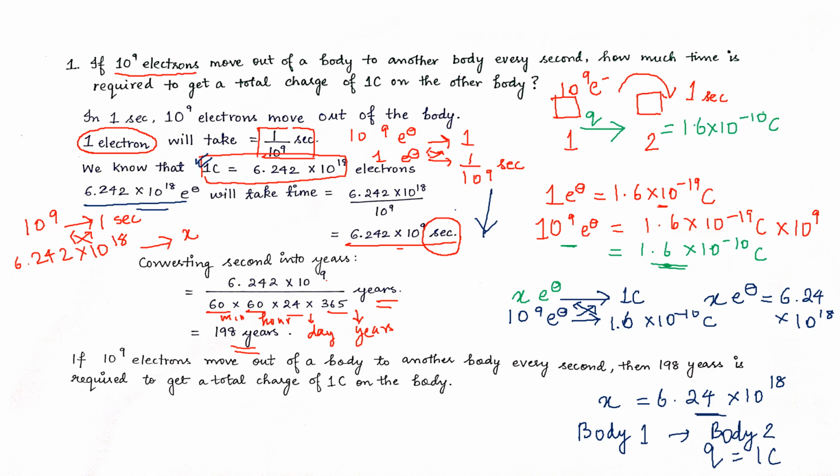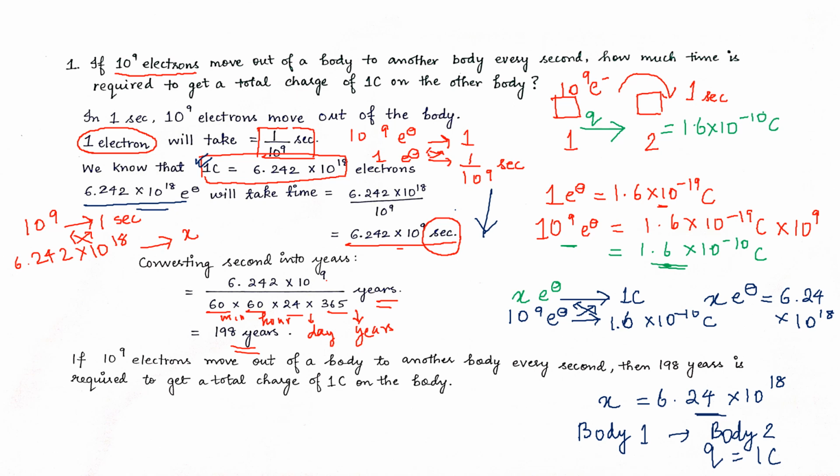So this is a huge amount of time taken by body number 2 to acquire a charge of 1 coulomb. From this exercise we get the conclusion that a charge of 1 coulomb is a very huge quantity.